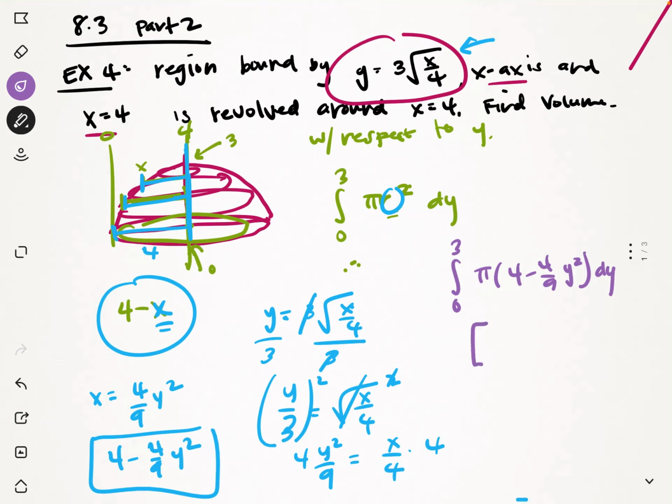All right, so we can take the pi out, because it's just a constant. And then we have 4y minus 4 over 9 times y cubed over 3, from 0 to 3.